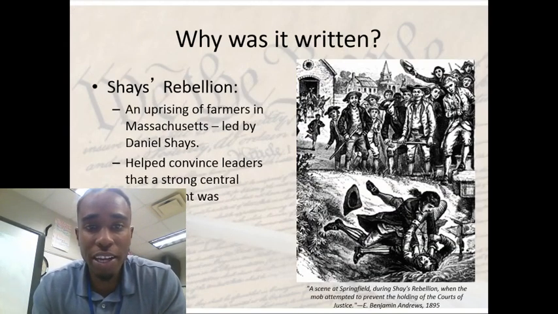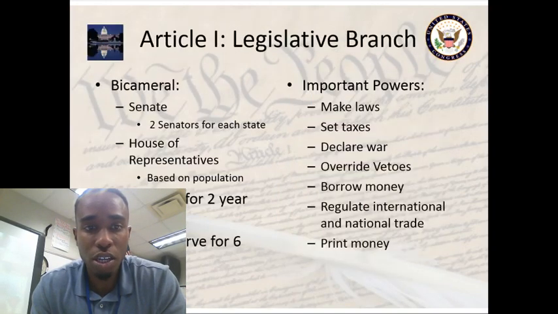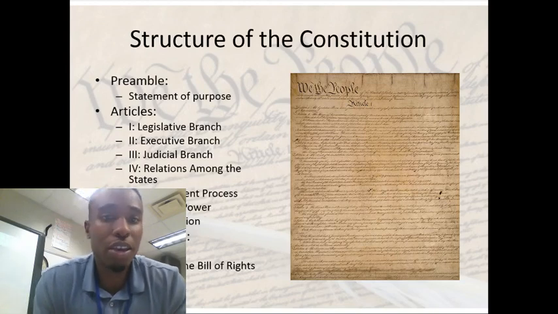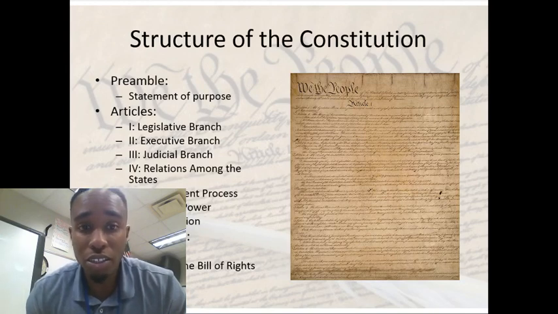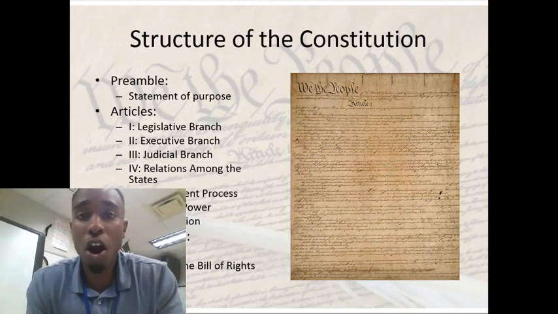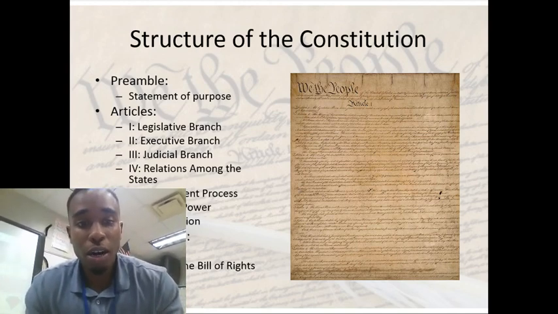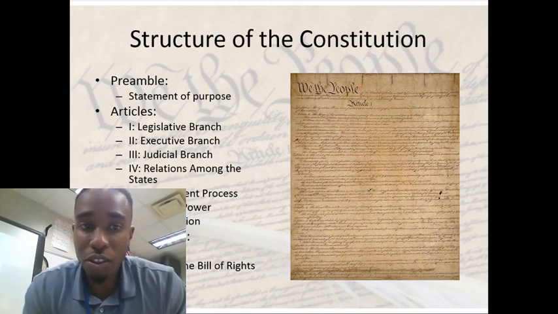I'm going to skip ahead because I really want to just focus on the structure of the Constitution right here. It starts off with the preamble, which is the statement of purpose. It is the first introductory paragraph of the Constitution. It tells us what it's going to be about. Next, it's made up of Articles 1 through 7, and the first 3 articles identify the powers of the 3 branches.